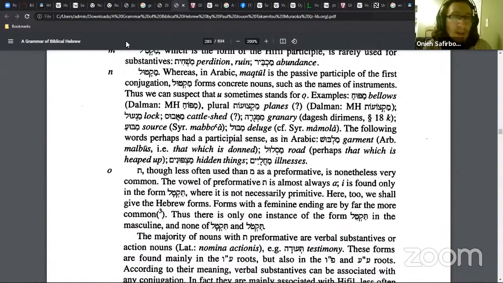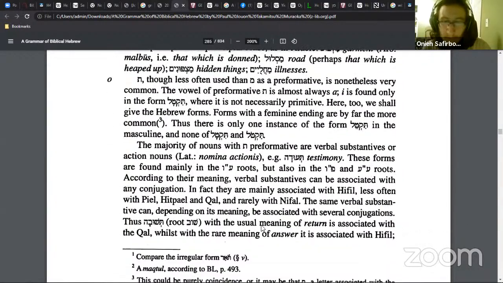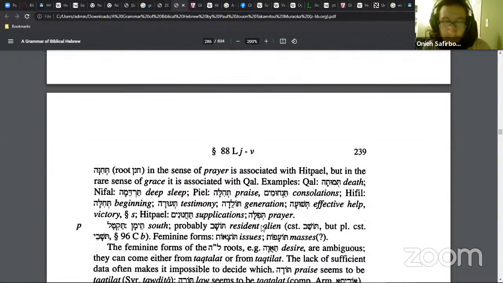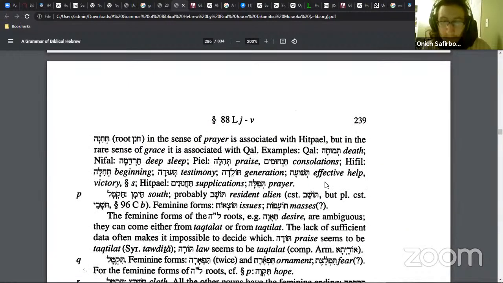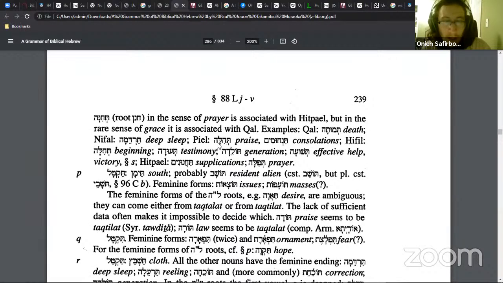And the book I'm using is Grammar of Biblical Hebrew by Takamitsu. Tahala, you know those Psalms are called Tahalim? Well, it actually comes from the Allel, which is like the praise.